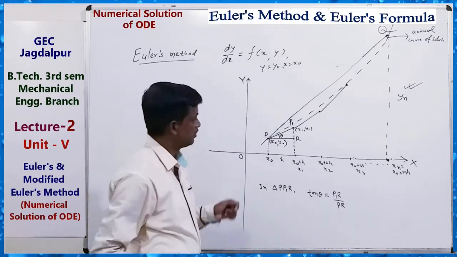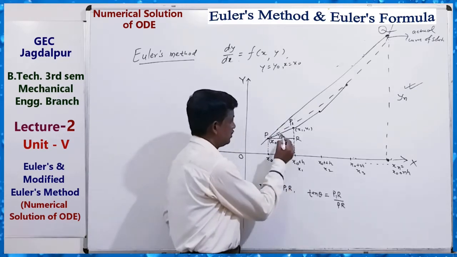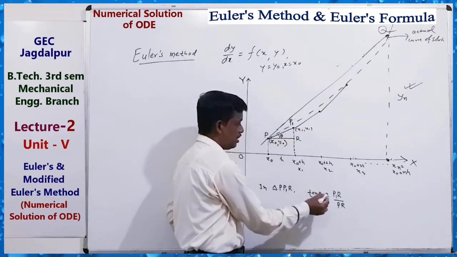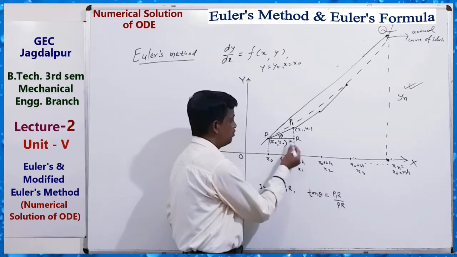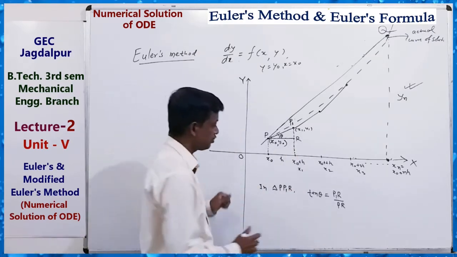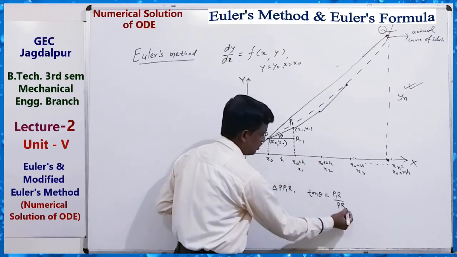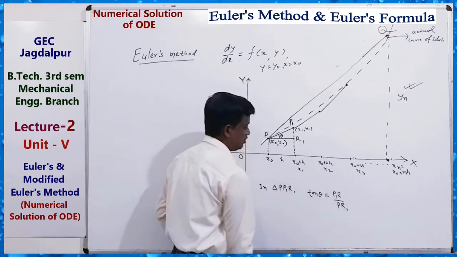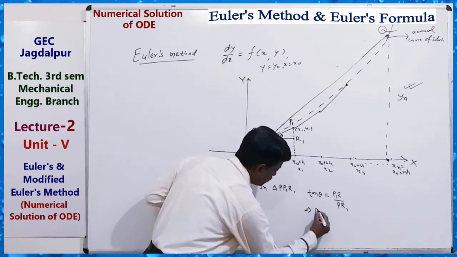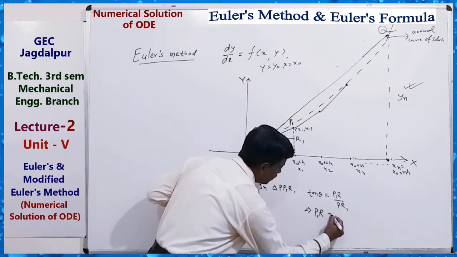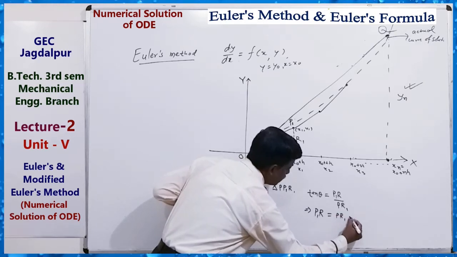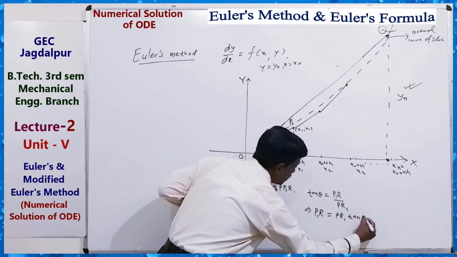Clear? This is the angle, this is the perpendicular. So P1R by PR. Clear? We can use this R1 also. So from here we can find P1R equals PR1 tan theta.